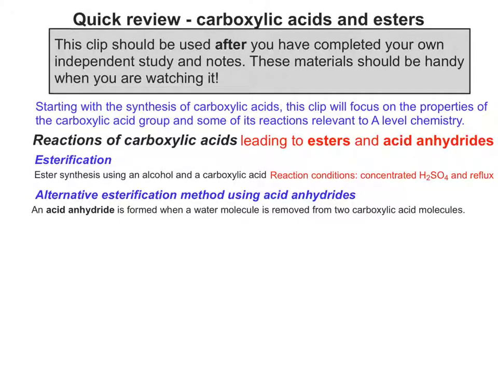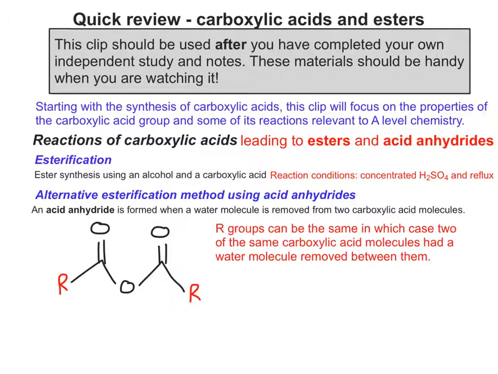So there's an alternative esterification method using a type of compound called an acid anhydride. And the acid anhydride group looks something like this. The R groups can be the same, in which case two of the same carboxylic acid molecules have had a water molecule removed between them.